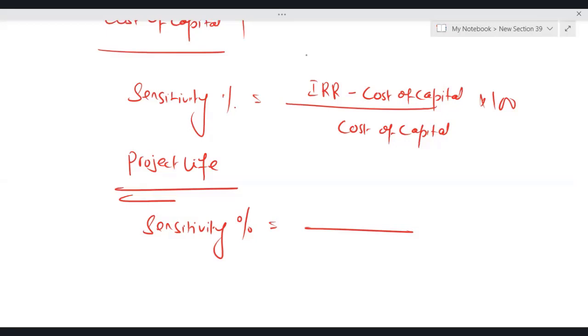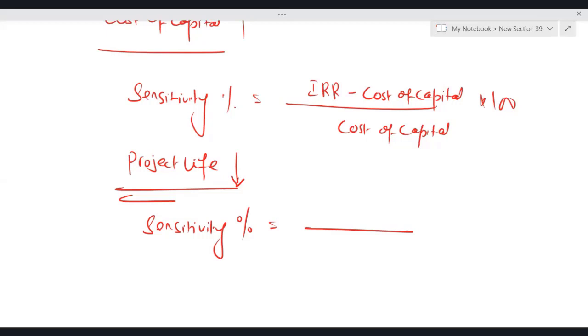Okay, let me give you a hint. If the project life reduces, then NPV becomes 0. Now think, what should be the formula? What is the project life? Okay, just give me the answer, please.